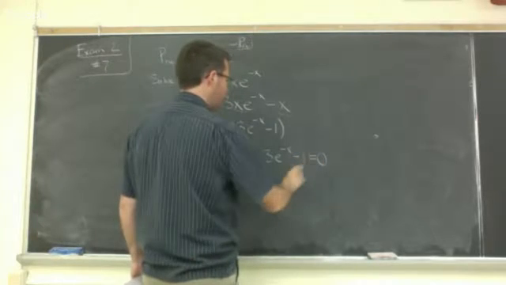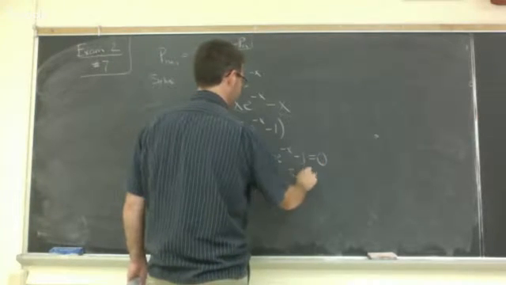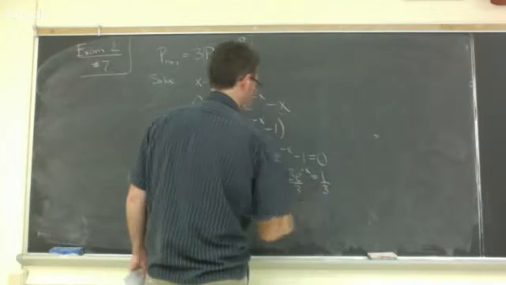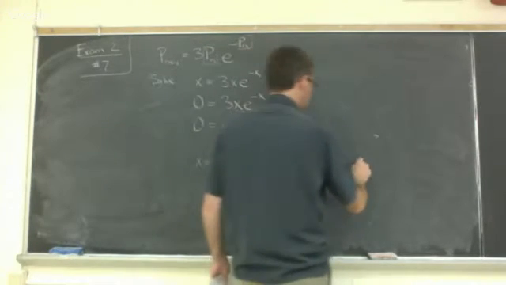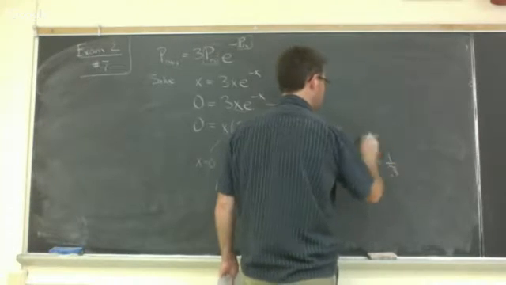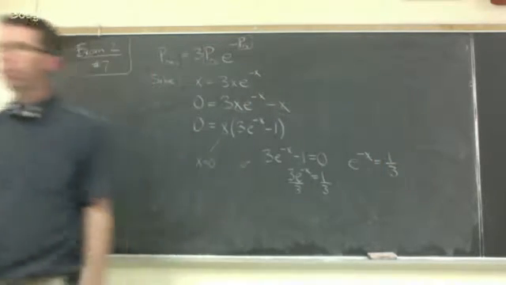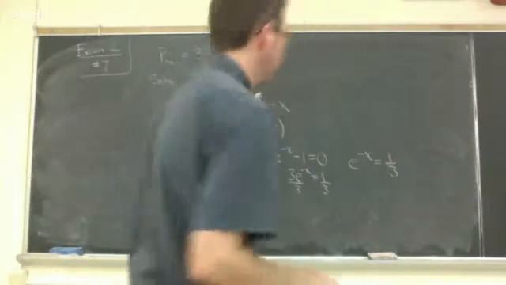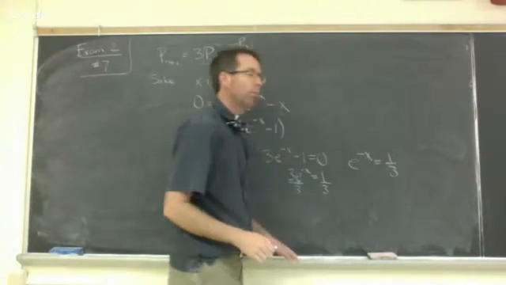Let's see, add 1, divide by 3. So I get e to the minus x equals 1/3. How would I solve a problem with e to the minus x equals 1/3? So x equals ln 1/3.